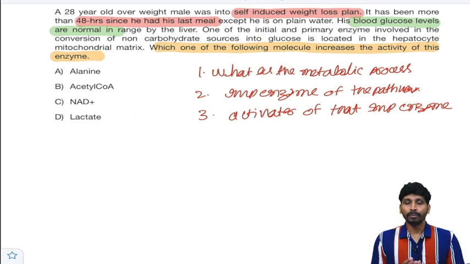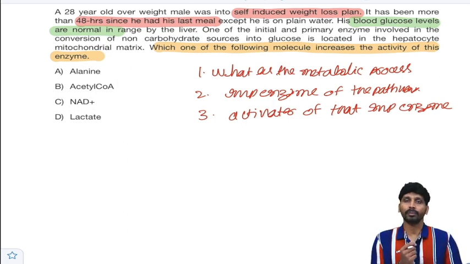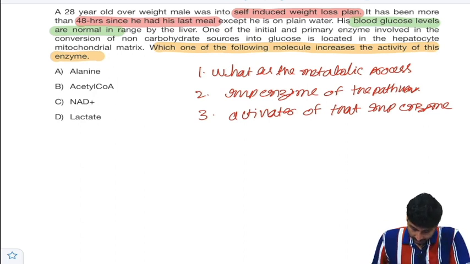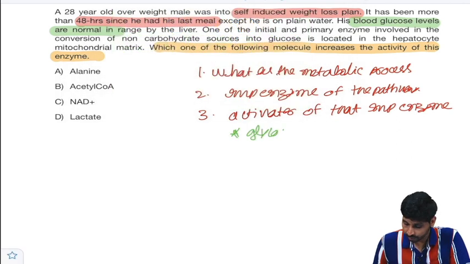So we have already come to know what's happening here, a fasting condition. He is already on a diet plan, that means he is not having anything, that means 48 hours, 2 days. I have already seen in fasting conditions, if the person is not having anything, what backup mechanisms will come into action. First thing, if his blood glucose levels are low, is glycogen breakdown.